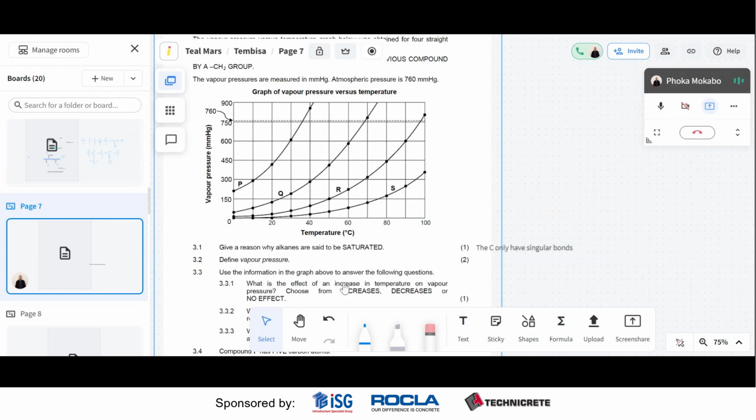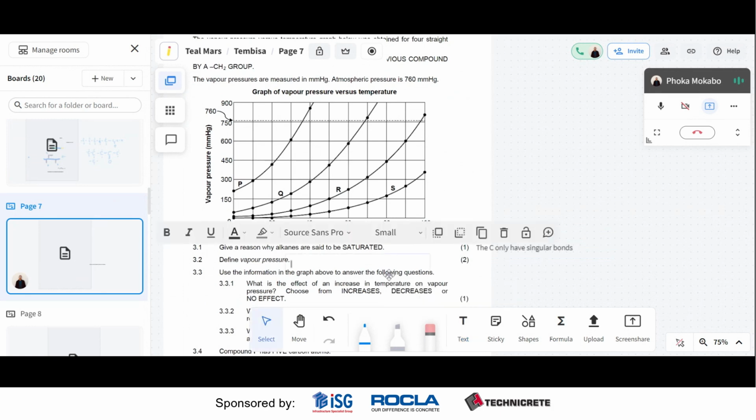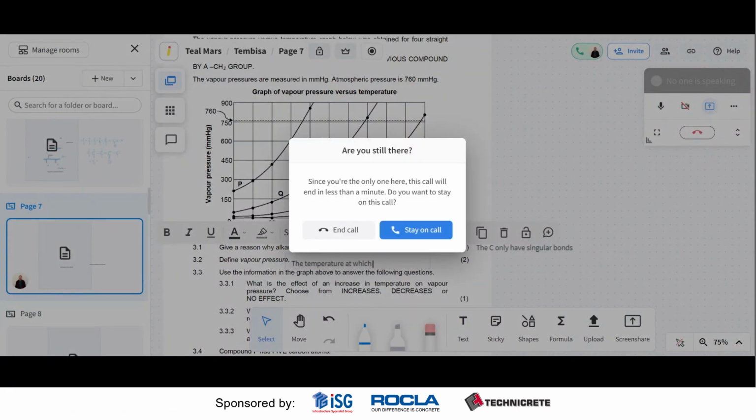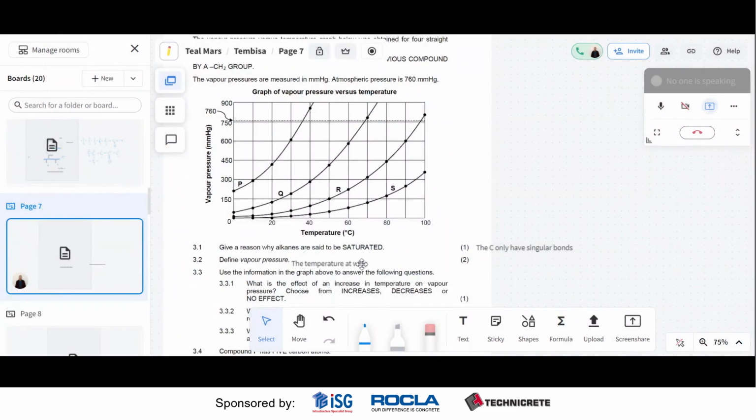Then question number 2 is define vapor pressure. Now, if I remember this from back in my day, this is the temperature at which, oh, sorry, my bad. Not boiling point. That was me about to define boiling point.